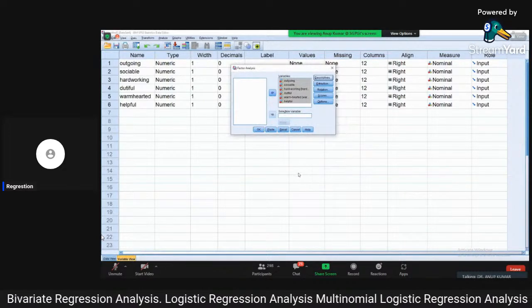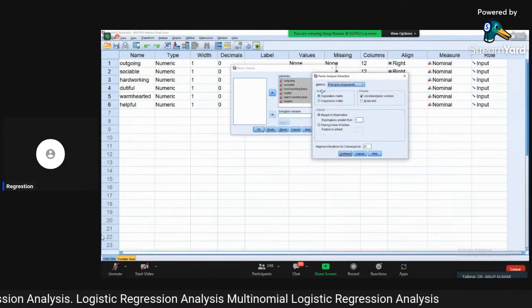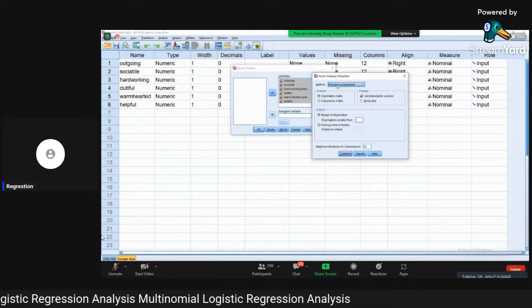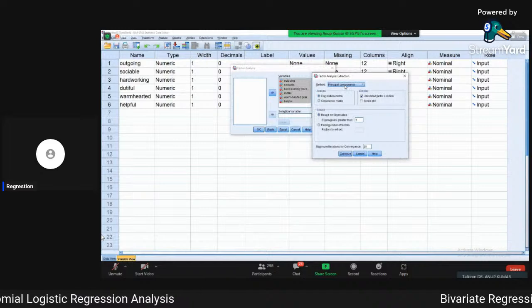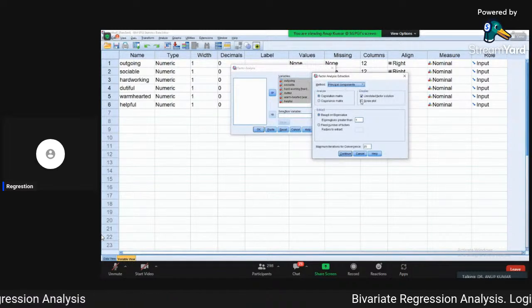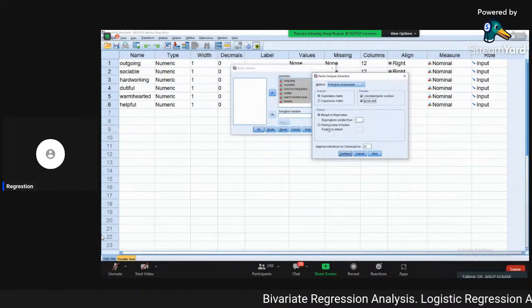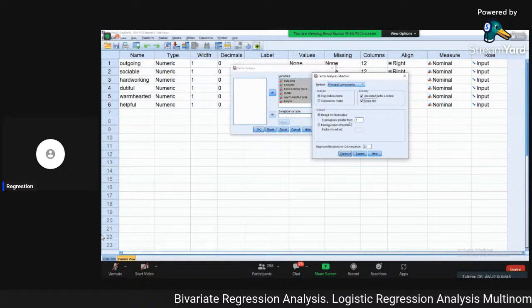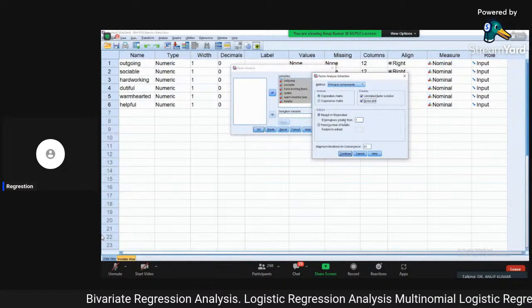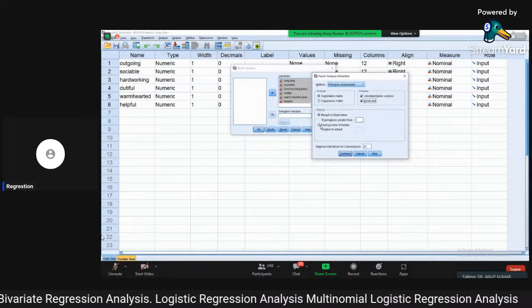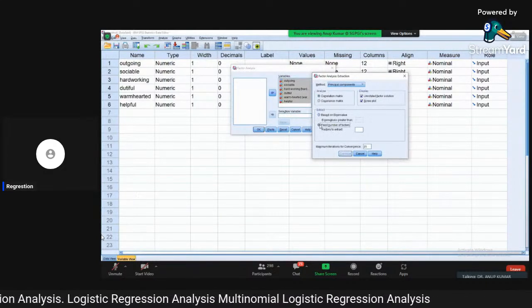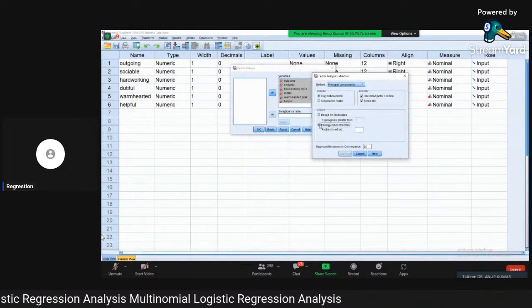Then click continue and then Extraction. In Extraction, you can see by which method you want to extract. Just select the principal component method and then select the scree plot. By which method do you want to explain? Based on eigenvalue greater than 1, or you want a fixed number of factors, at least 2 or 3 factors.